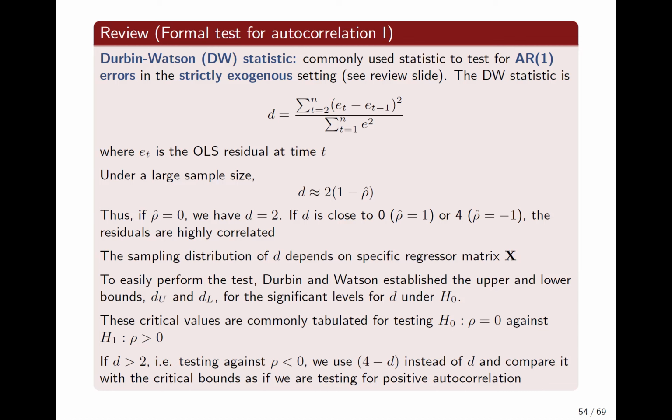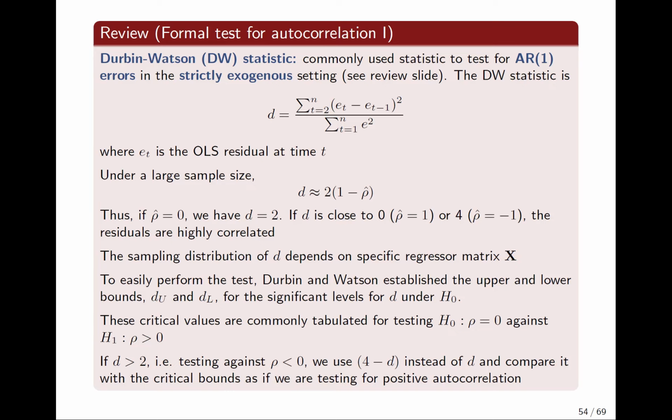And the sampling distribution of this statistic depends on the specific regression matrix X. To make the test easy to perform, Durbin and Watson established upper and lower bounds for critical values of the statistic under the null, and these are tabulated for testing rho equals 0 against rho greater than 0.